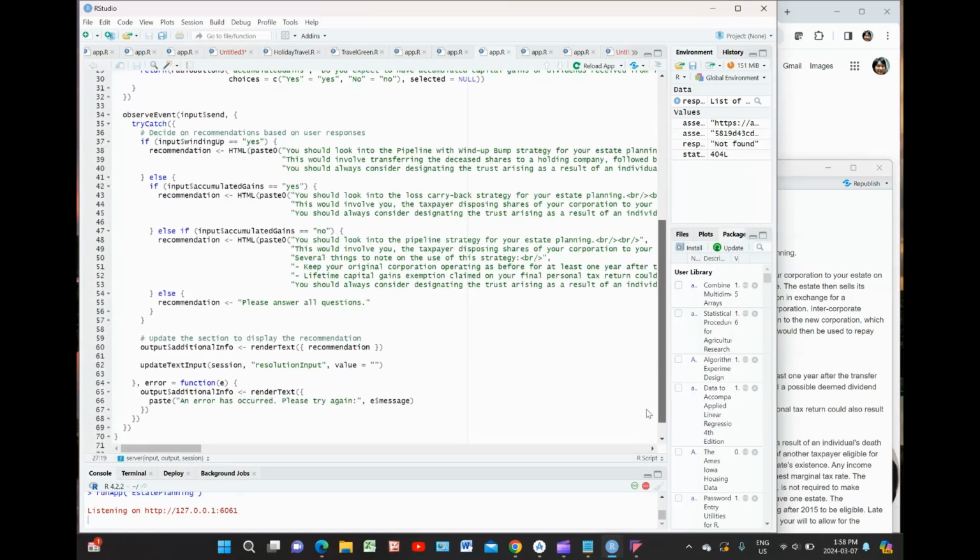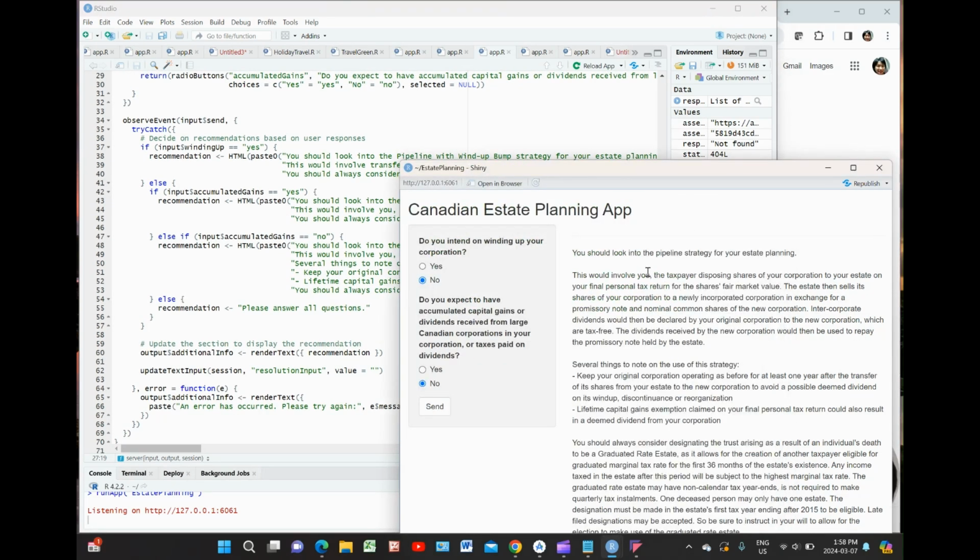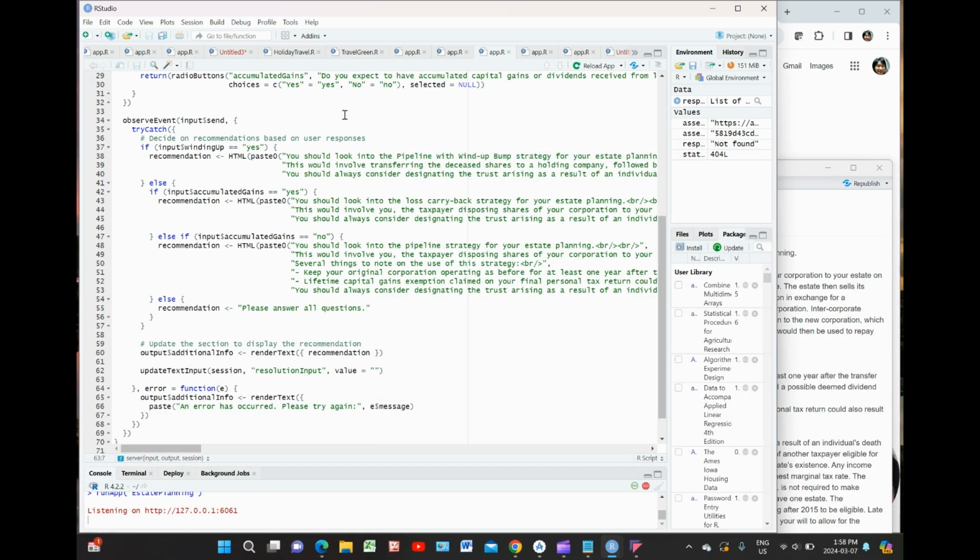And the most important part of this app has to do with the recommendations. And the recommendations are being displayed on the app based on this if statement chunk. So when the wind up question is equal to yes, then the wind up bump strategy is displayed on the app.